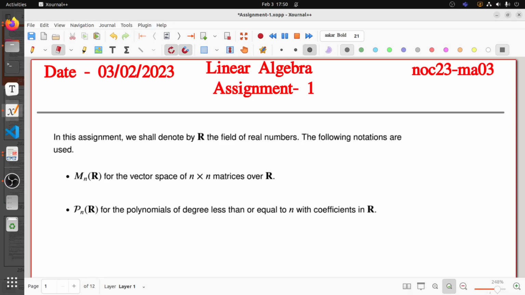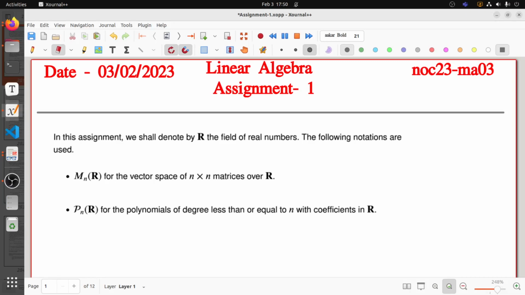From the previous one, from 1, we can see that span of 1 and span of minus 1 are the same on R, right?